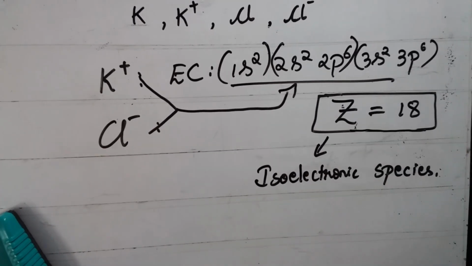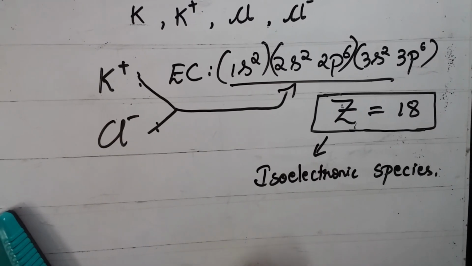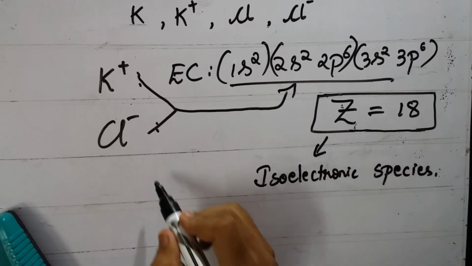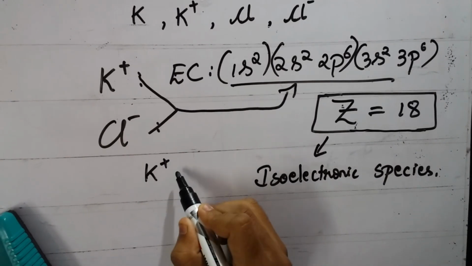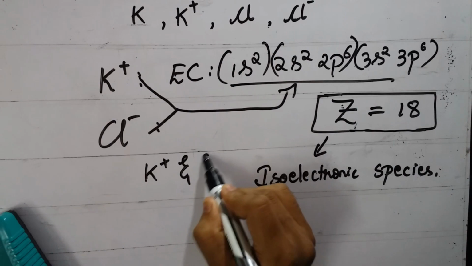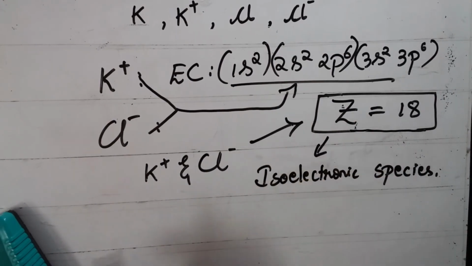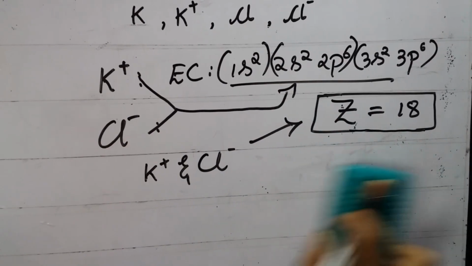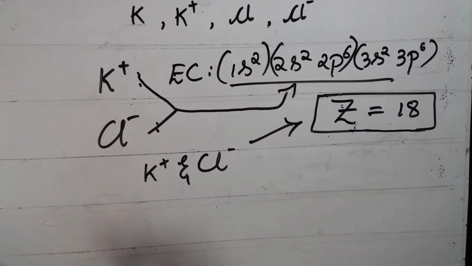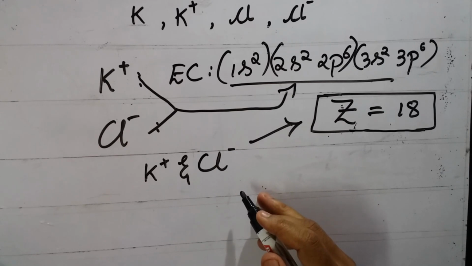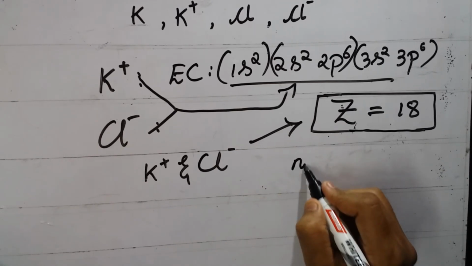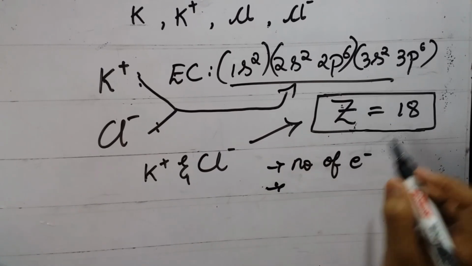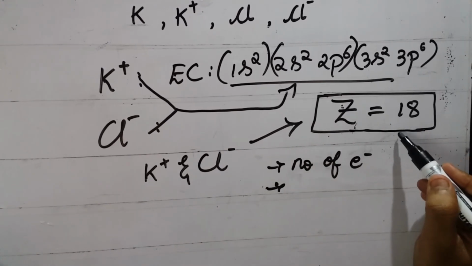But the Z effective value mainly depends on the total number of electrons. But here both K plus and Cl minus have the same number of electrons. In the case of isoelectronic species, the main thing that comes into the picture is, one, the number of electrons present. Here both the species have the same number of electrons.